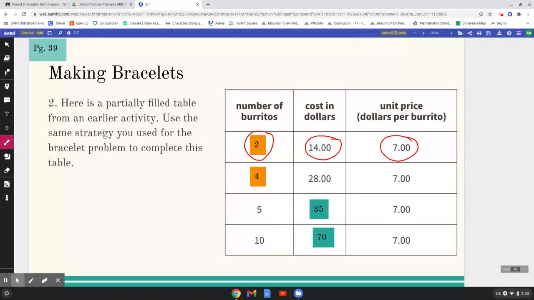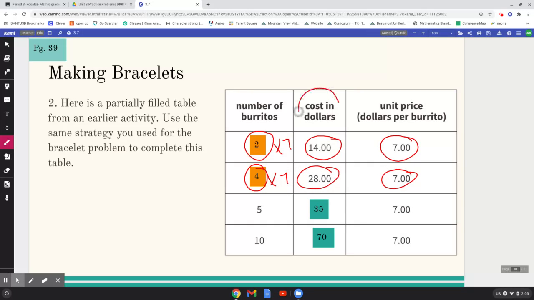Or you could have done 2 times 7 to still get 14. However you want to look at that. Same thing here, it's either or. But I'll do 4 times 7, because to me that's the easiest way, and that's how you get the 28.